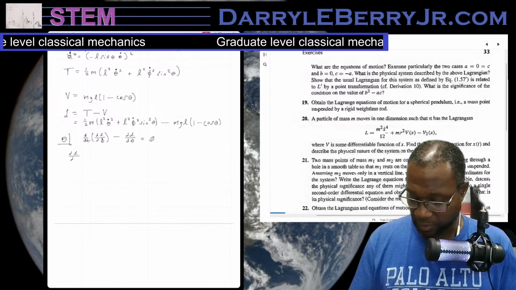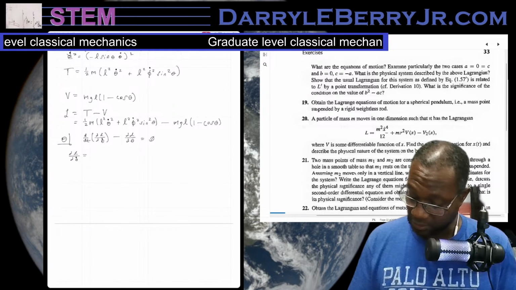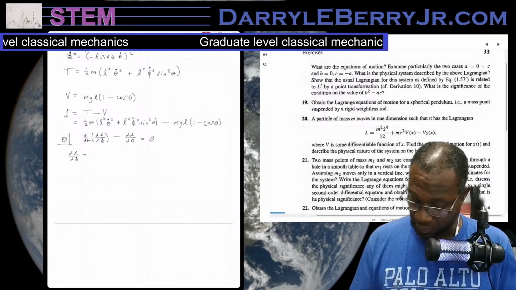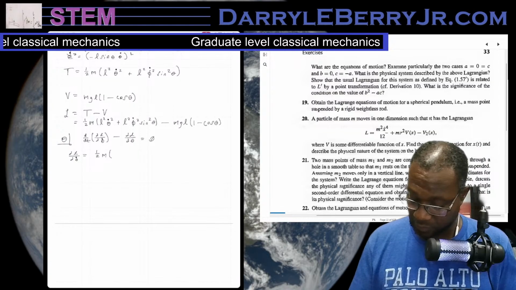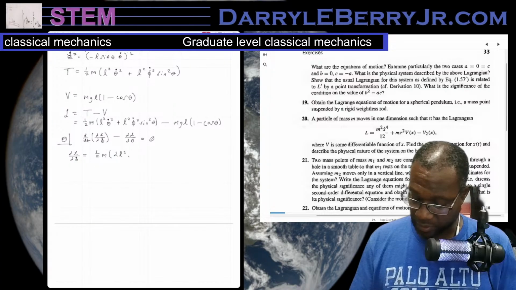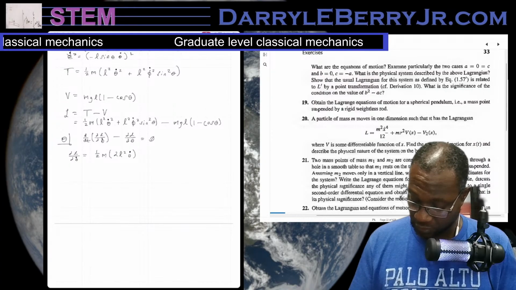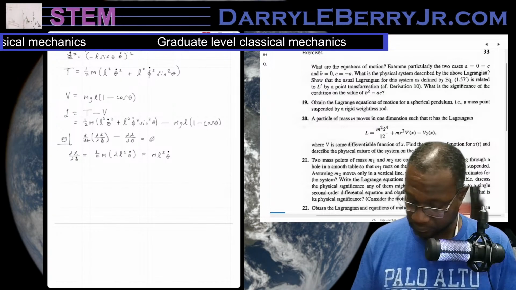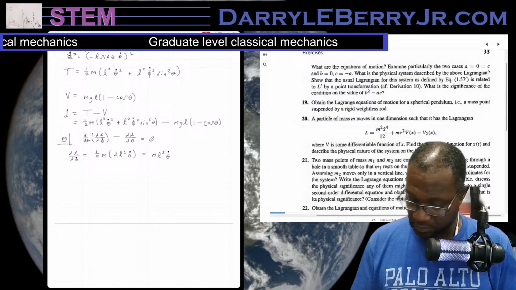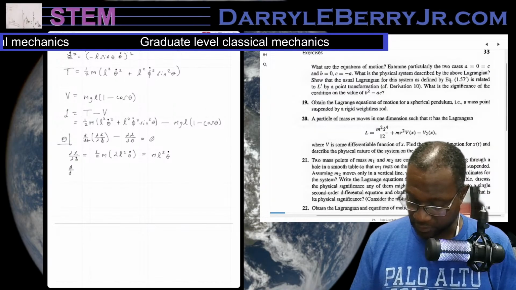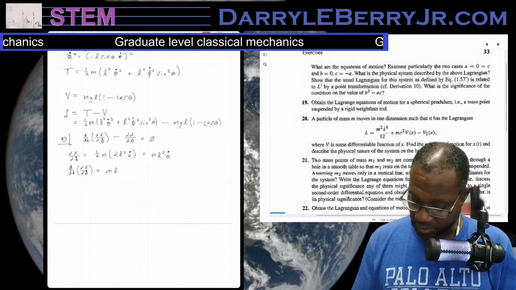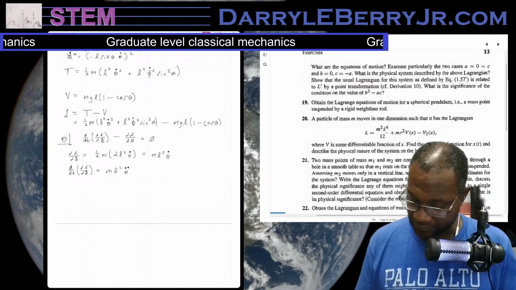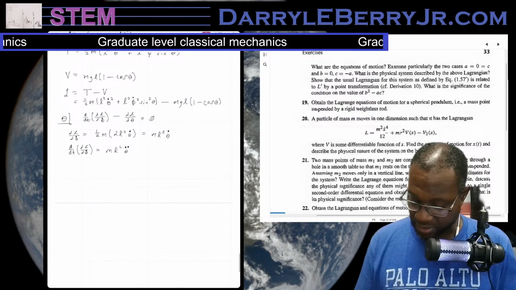Partial L over partial theta dot equals 1/2 m times 2 L squared theta dot, which equals m L squared theta dot. The full derivative d/dt of partial L over partial theta dot equals m L squared theta double dot, since L doesn't change and m doesn't change.